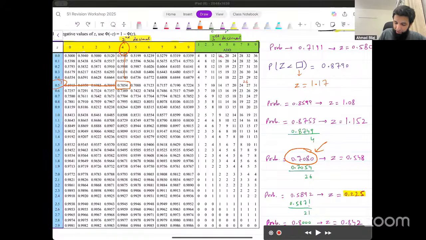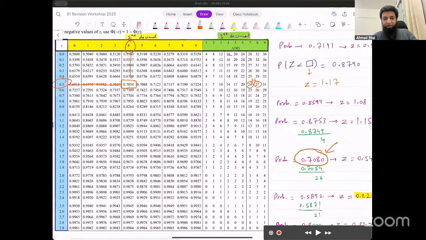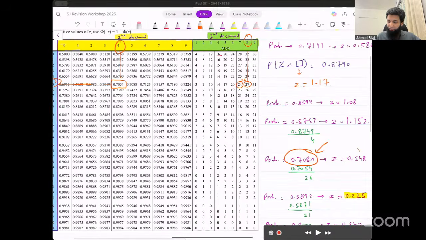In the table, we have 24 and 27. Whichever of those two numbers is closer to 26, that is what we use. In this case, 27 is closer to 26, so the third decimal place we choose is going to be 8. So we write 0.548, that's the z value.